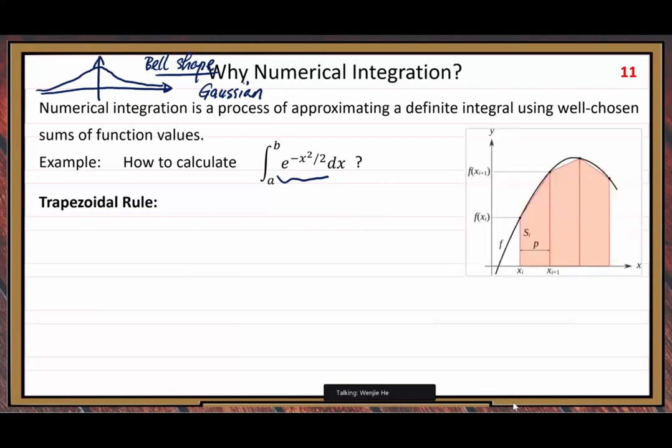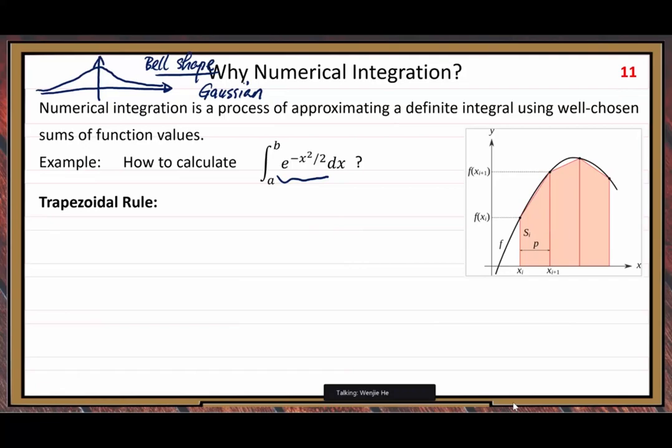For the first method, we want to approximate this integral using the trapezoid rule. What's the trapezoid rule? When we calculate the integral, that's the area under the curve. But we approximate the area under the curve piece by piece, and each piece has a trapezoid shape, so we apply the area formula of the trapezoid.